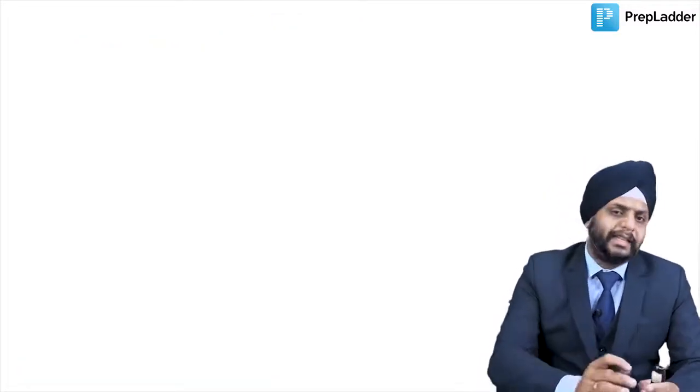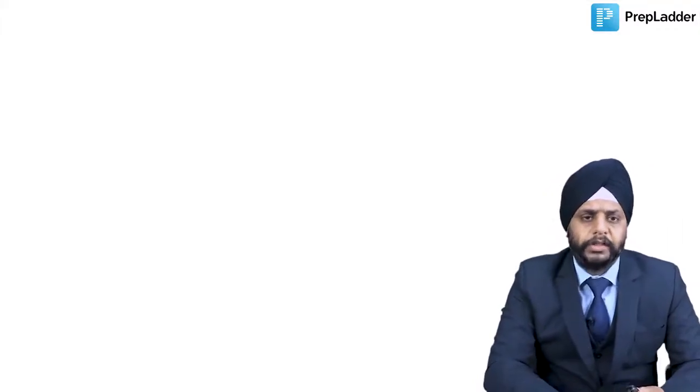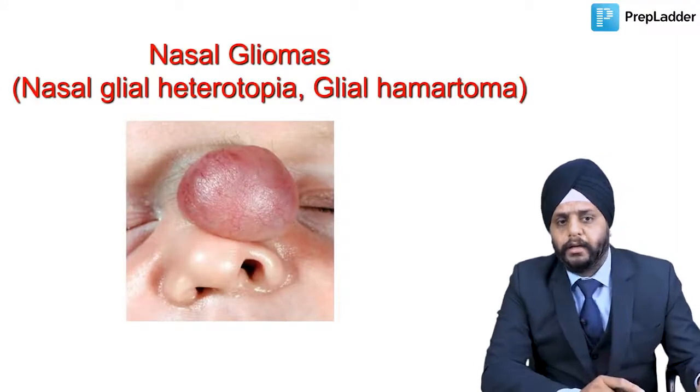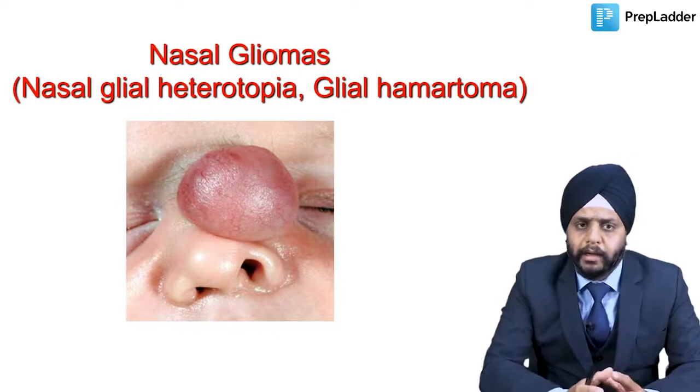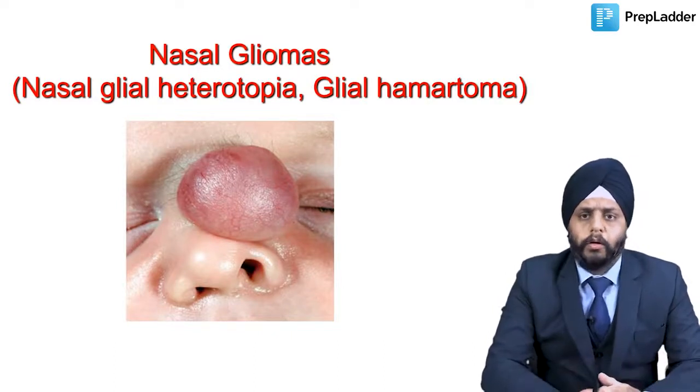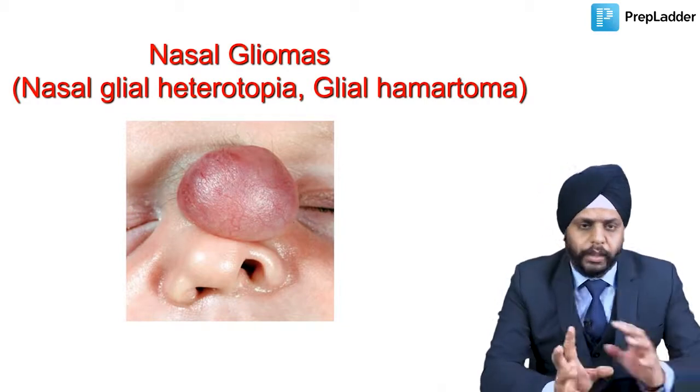Now a condition that is very similar to that, however a different condition, is known as nasal glioma. Nasal glioma is also known as nasal glial heterotopia or glial hamartoma. Now, what is the difference?